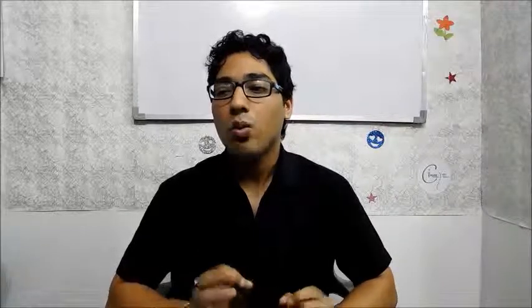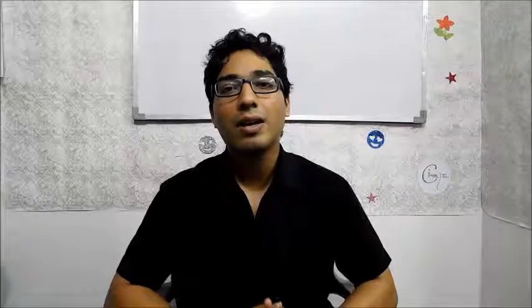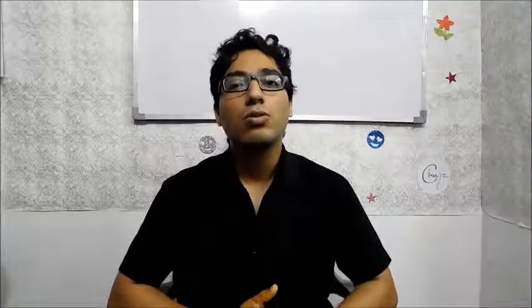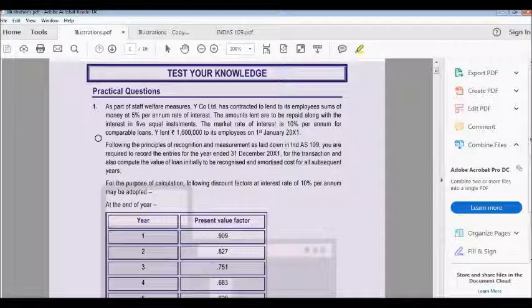But to fully understand the concept of amortized cost, you have to first check out the example, and only then can you understand the topic. As you can see on your computer screen right now, example number 1 of this document tells you how to calculate the amortized cost and how to account for it in the books of account.